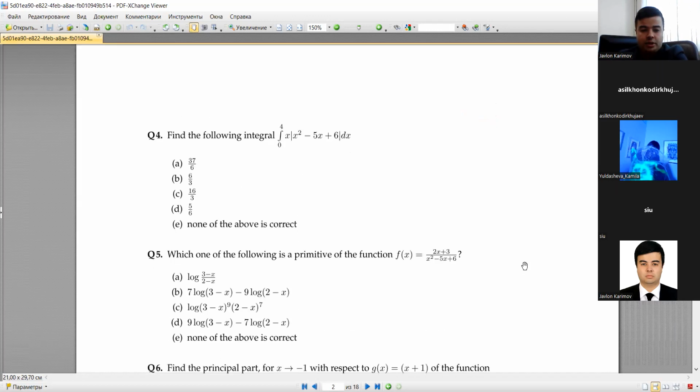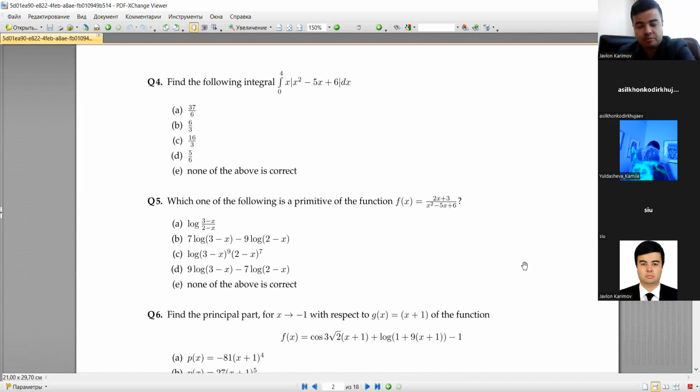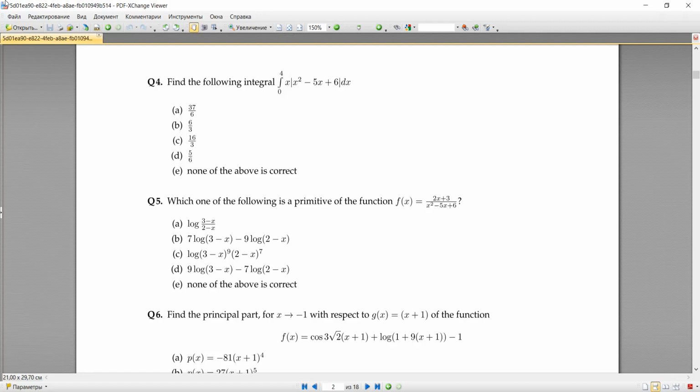Now, let's move to the next, number 4. Find the following integral here from 0 till 4. How can we solve it now? By parts?